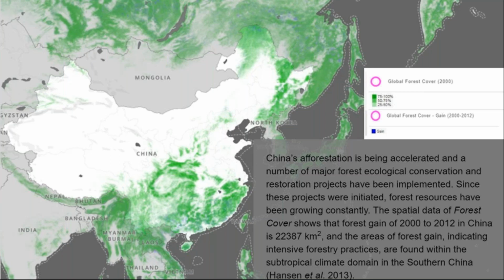This figure shows the gains associated with the forest cover change in China. Accurate spatial data and monitoring for the forest cover will contribute to evaluating the effectiveness of the forest ecological conservation and restoration projects. Next, please.